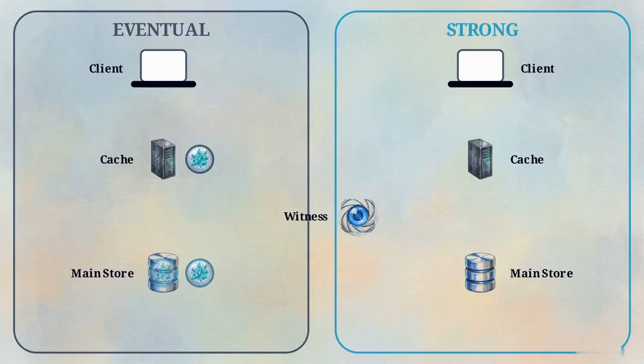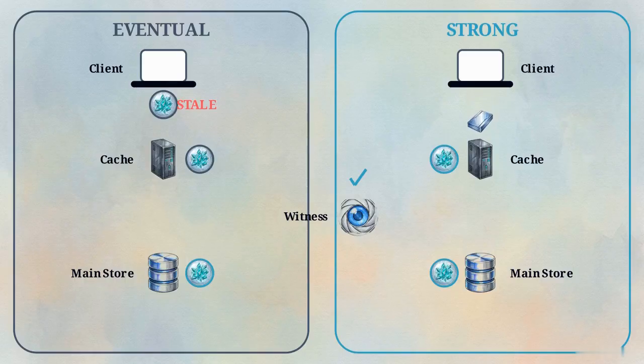On the right, a client writes data directly through a high-speed cache and into the main metadata store. Crucially, an independent witness service strictly observes and logs this exact mutation. When a client subsequently requests that data, the read operation hits the high-speed cache first. Before returning any data, the cache initiates a verification check.